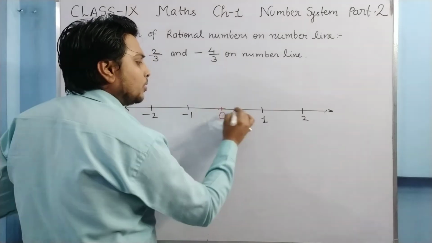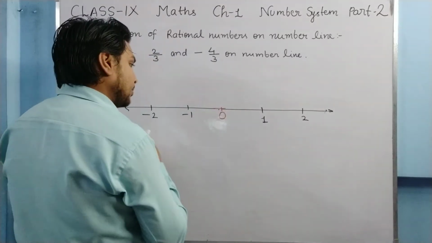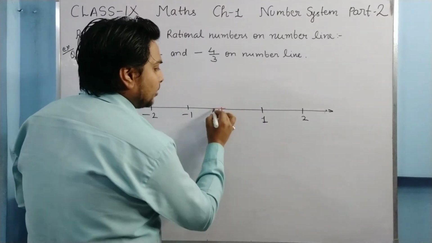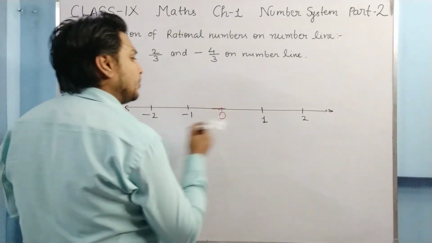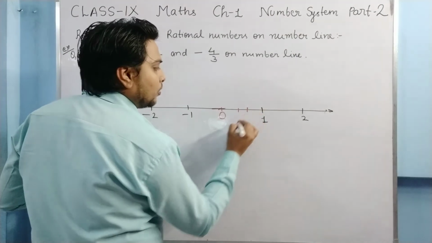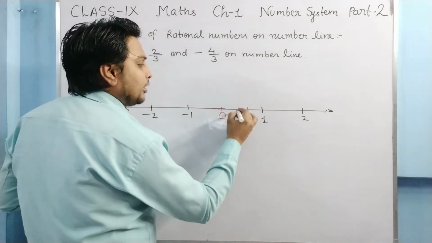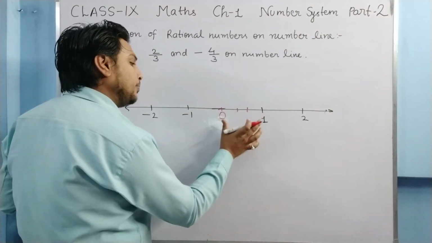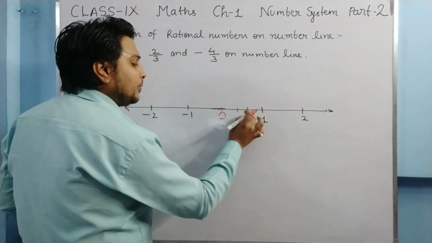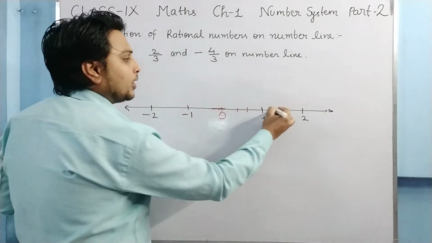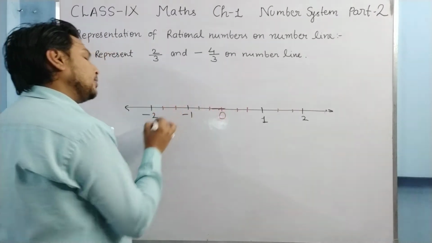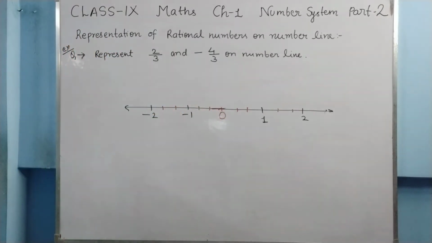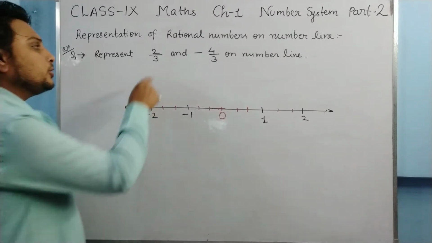If it is 0 and we mark 2 points in between the numbers at equal distance, then the gap between two numbers will be divided into 3 equal parts. Everywhere we have to do it so that the gap is divided into 3 equal parts. Why are we dividing it into 3 equal parts?